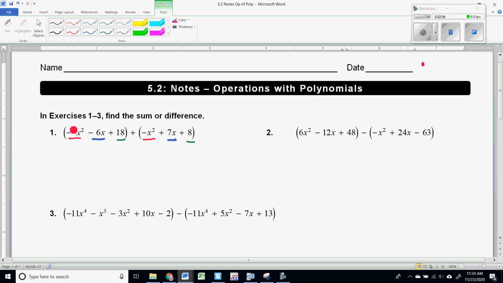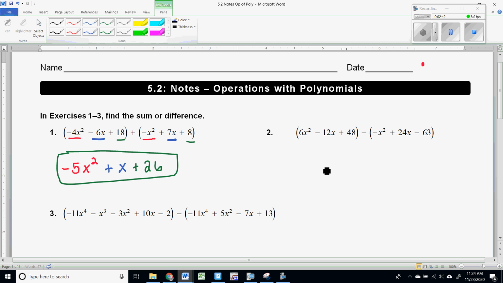Combining our x squared, we have negative 4x squared plus negative x squared. That would be a negative 5x squared. Now we're going to look at the x's. We have negative 6x plus 7x, which will give us just plus x. And finally, we have 18 plus 8, which would give us 26. So there is our final answer with combining our like terms.